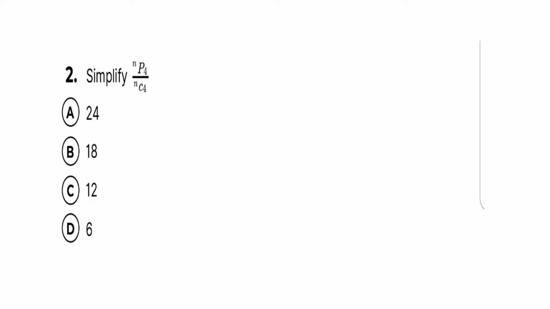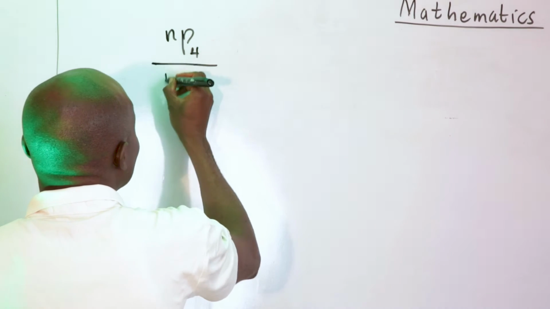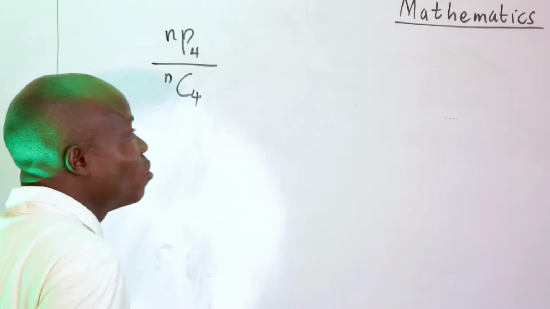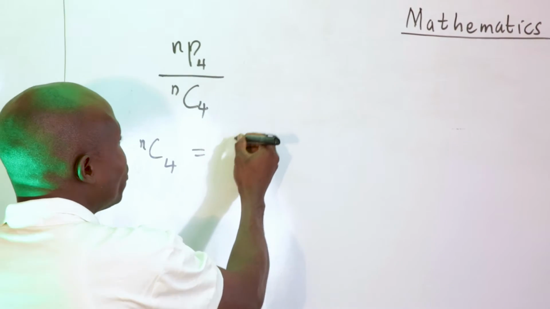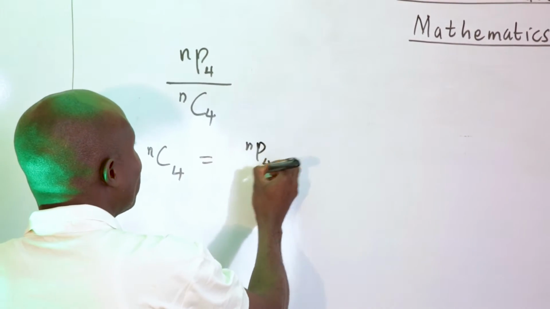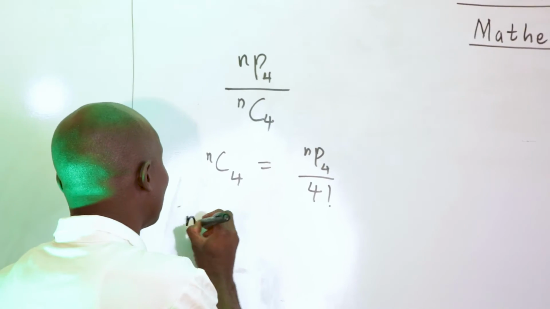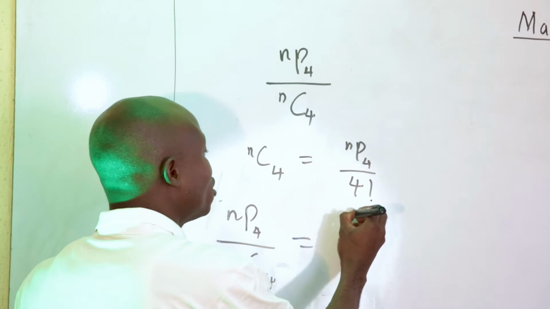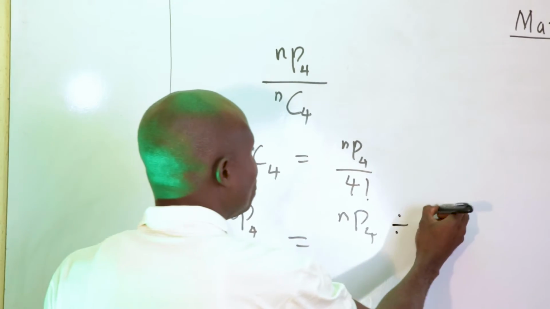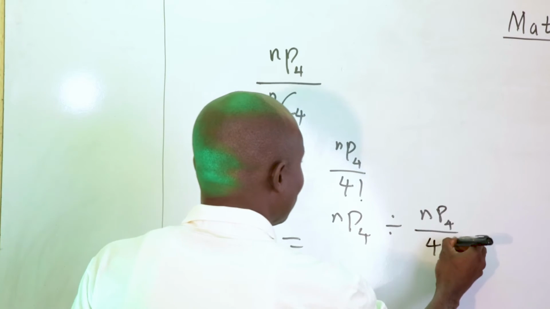Number 2, simplify nP4 over nC4. We understand that nC4 is equivalent to nP4 over 4 factorial. In this case, nP4 over nC4 will now be nP4 divided by nP4 over 4 factorial.